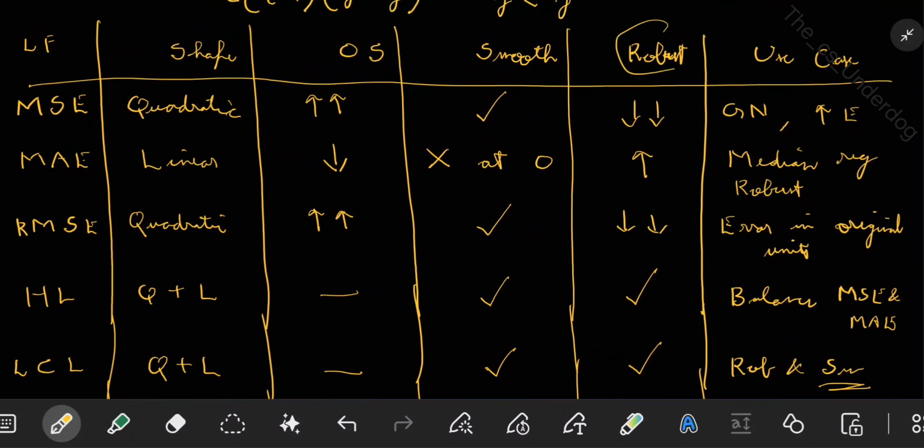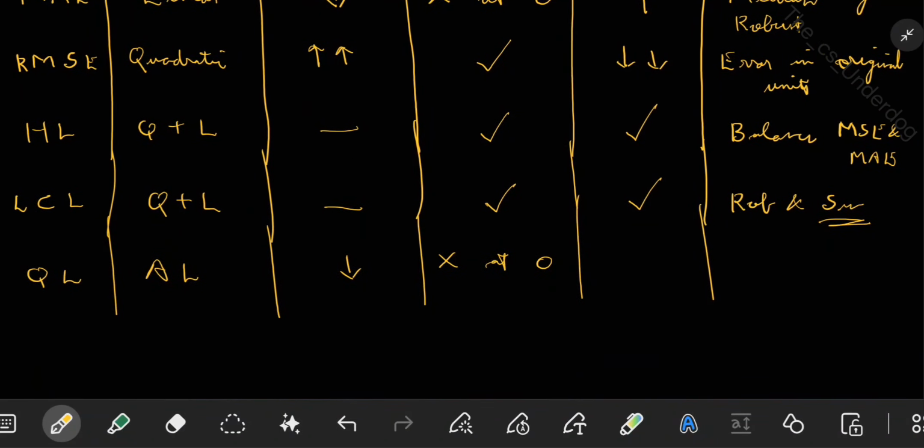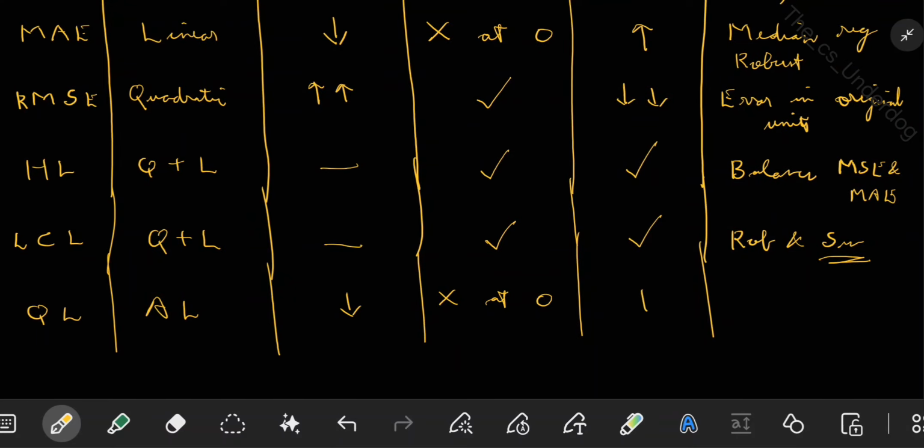Next thing is robustness. What about robustness? Because it is not sensitive to outliers, robustness will be high, right? What is the use case here? Here the use case is different from all the other things we have discussed. It is when you want to find some particular quantile.